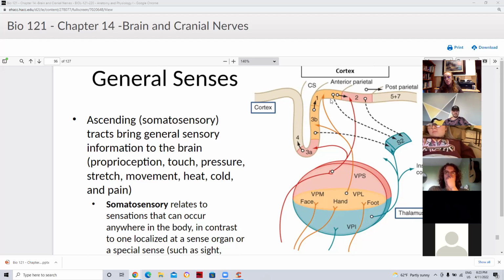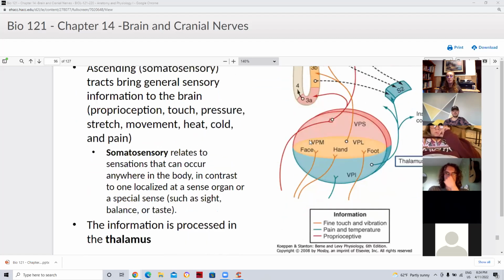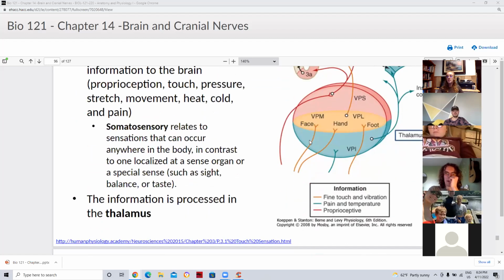The somatosensory association area is right here. So it relates to sensations that can occur anywhere in the body. And this information is all relayed through the thalamus.